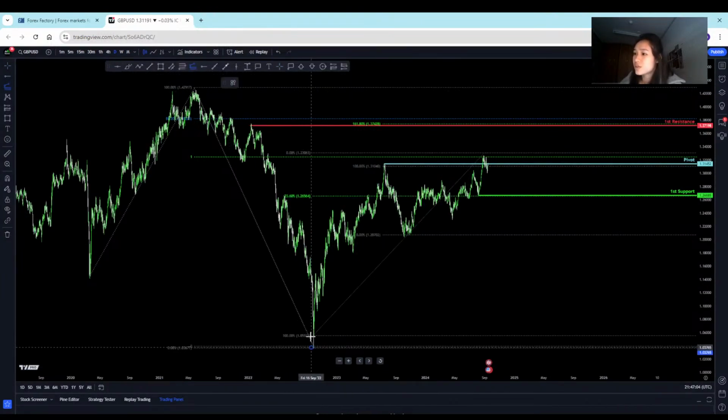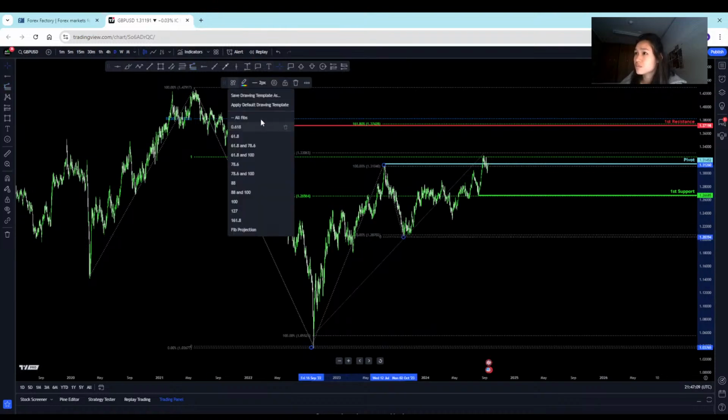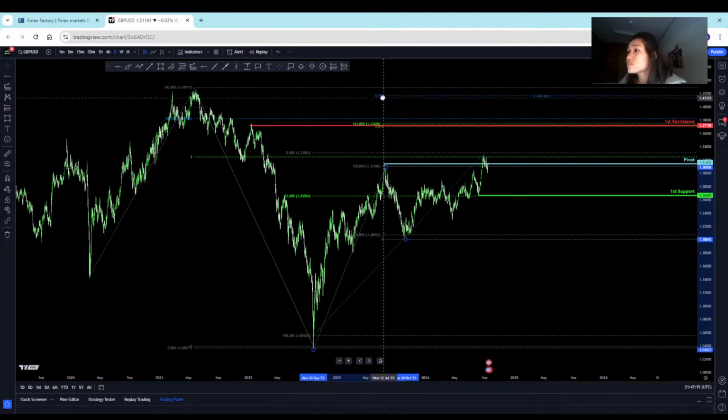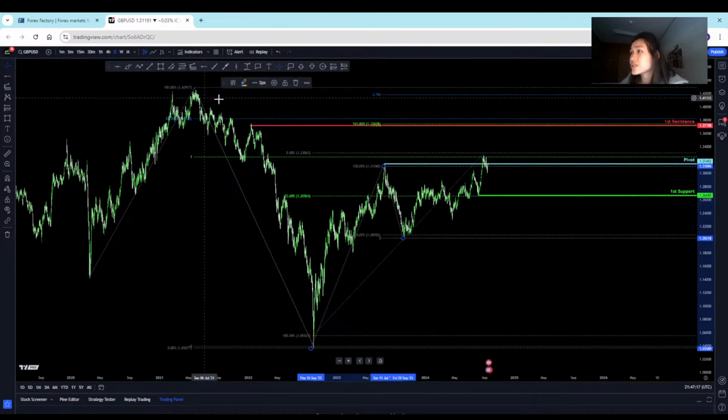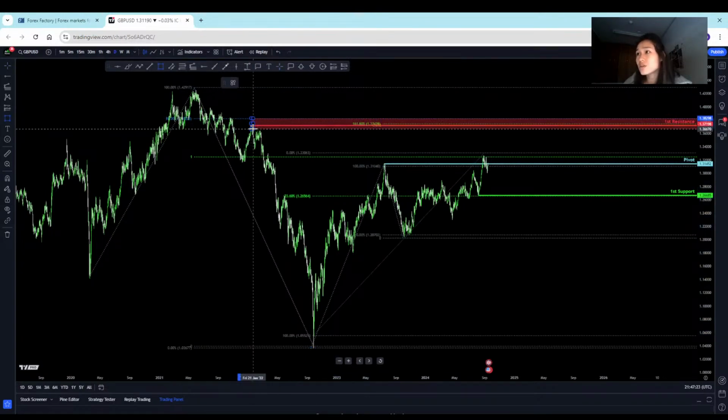Let's see if we have a projection here. Okay, the 61.8 lines up with my first resistance. So this whole area is a huge confluence area.